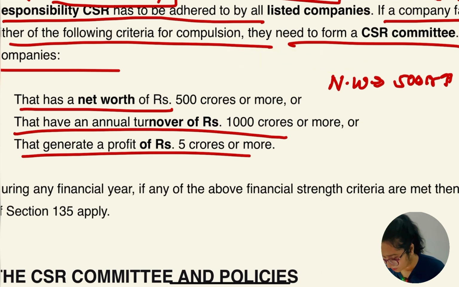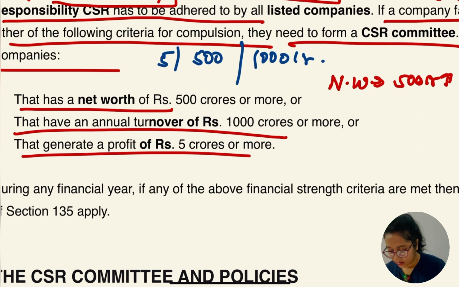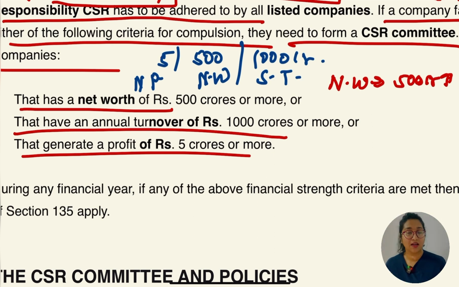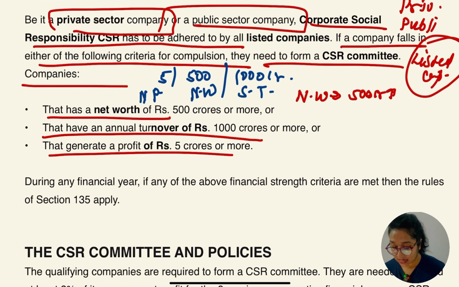Let me write it again. So we have 500 and 1000 crore, and this is going to be profit, net worth and sales turnover. If they fall in this criteria, in that case they need to form a CSR committee. Okay, so let's go for it.